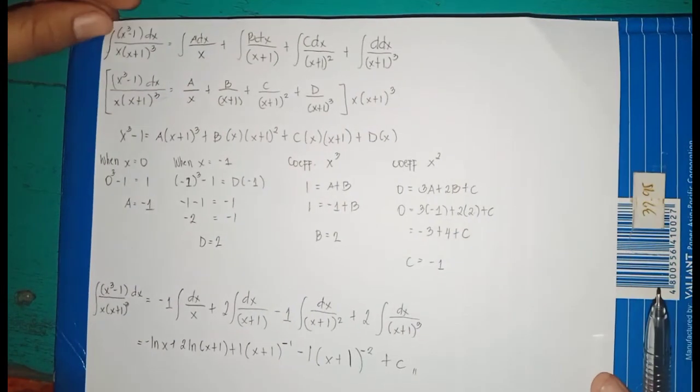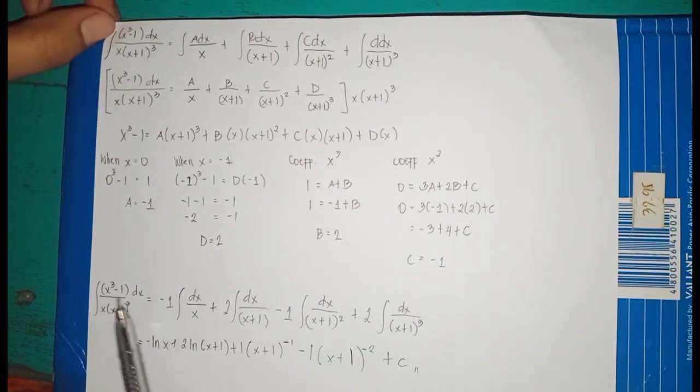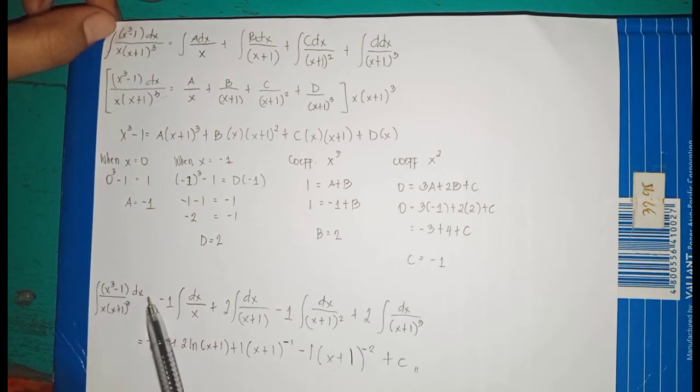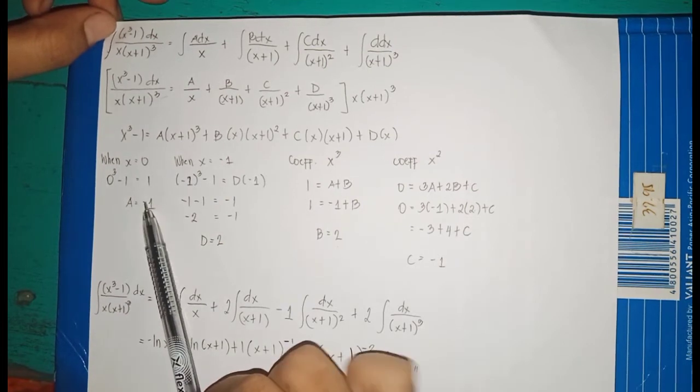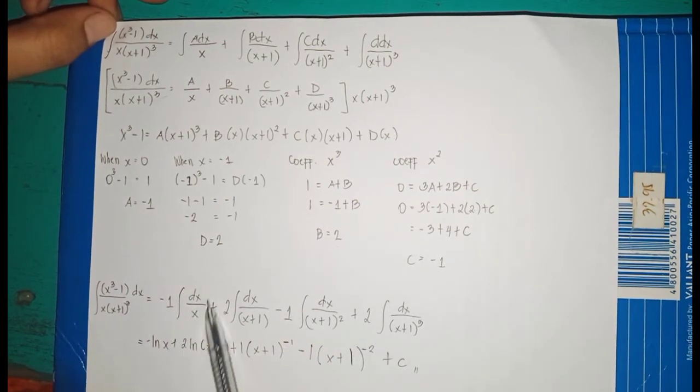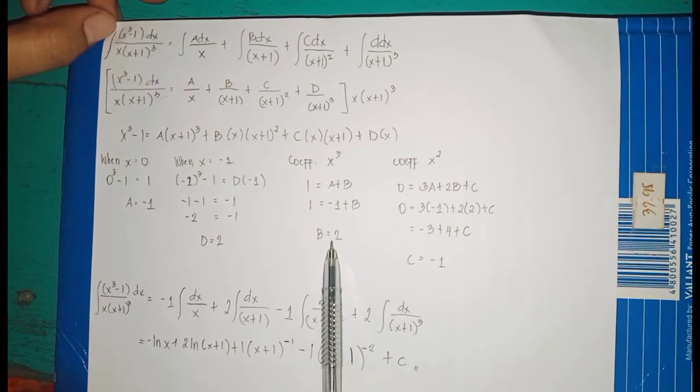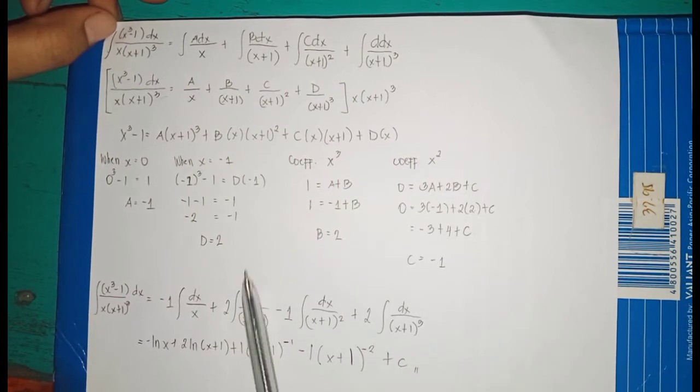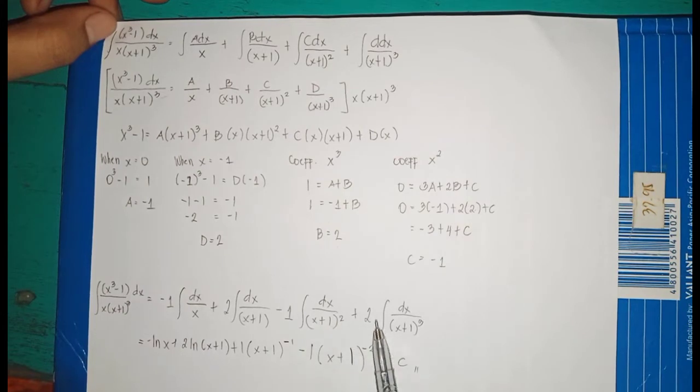Okay, so let's integrate it. So the integral of the quantity x cubed minus 1 dx all over x times the quantity x plus 1 cubed is equal to negative 1 dx all over x, plus the integral of 2 dx all over x plus 1, minus 1 times the integral of dx over the quantity x plus 1 squared, plus 2 times the integral of dx over x plus 1 cubed.